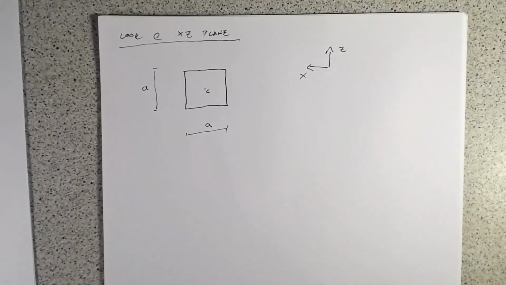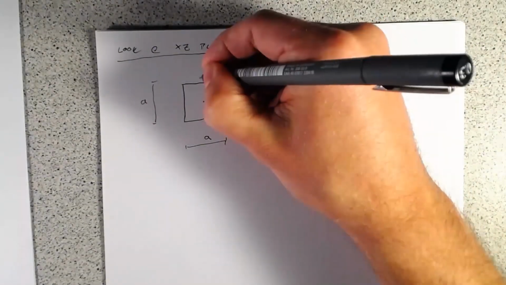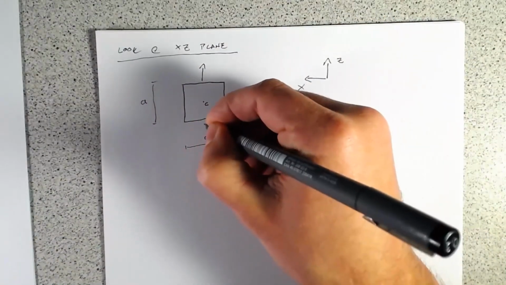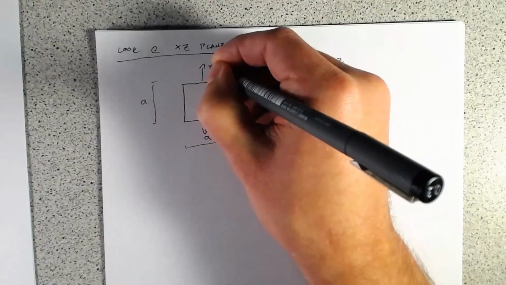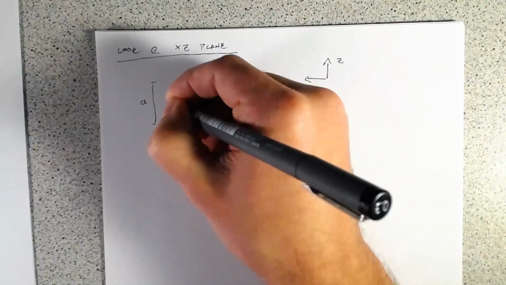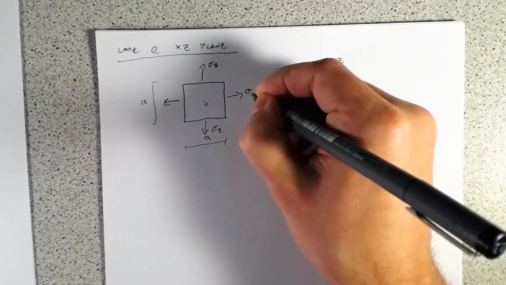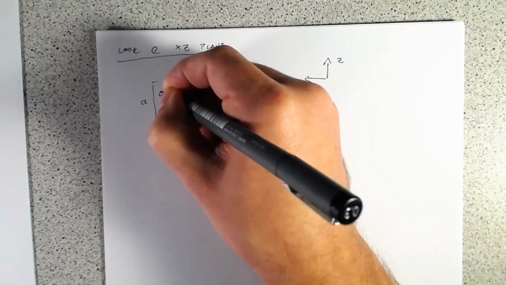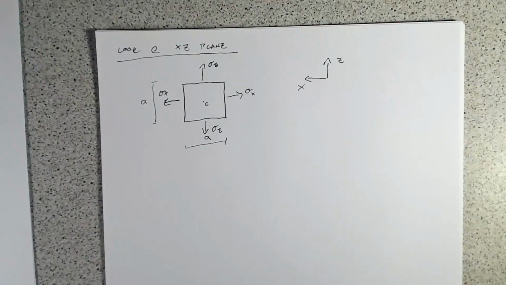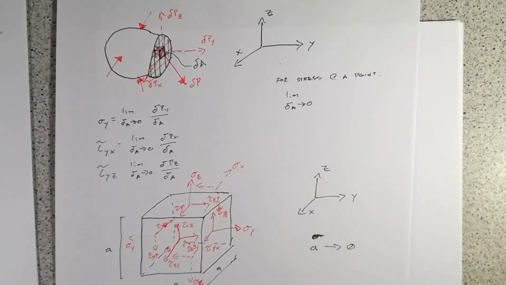So what are the stresses that we have on here? Well, we know that we've got a normal stress in the Z direction, and a normal stress in the X direction. Going back to our little block, we're really looking at this top face and this bottom face.